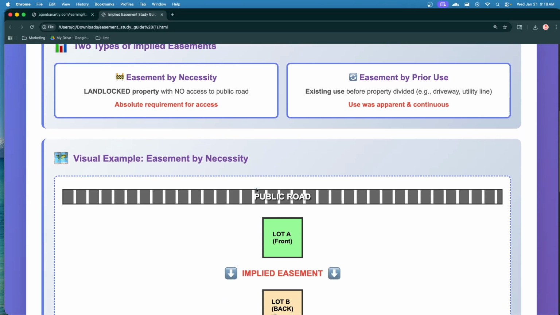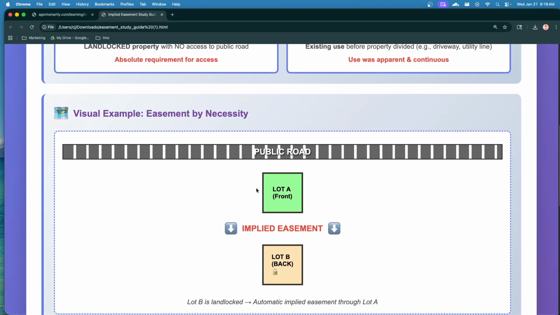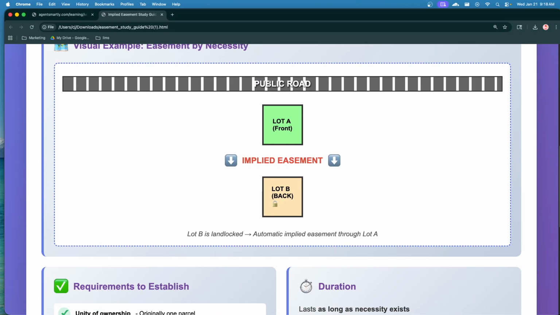So let's take a look at this visual example by necessity. From the top right here, hope you can see, this area is the public road and this is lot B. They have no access to it, so they have to go through lot A in order to access the public road.